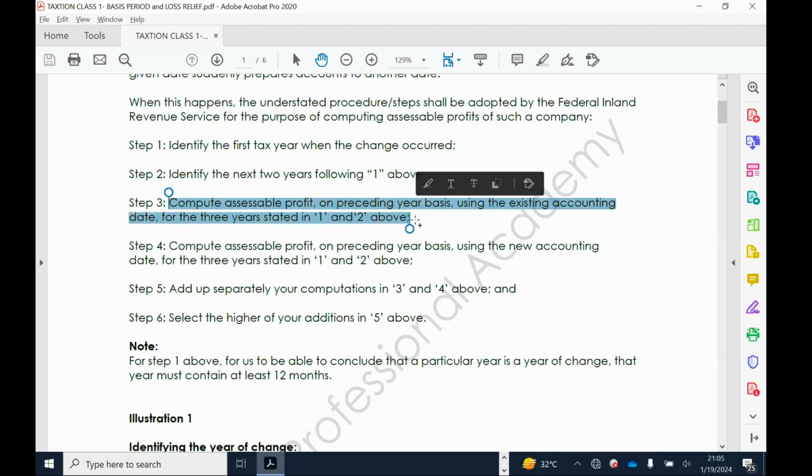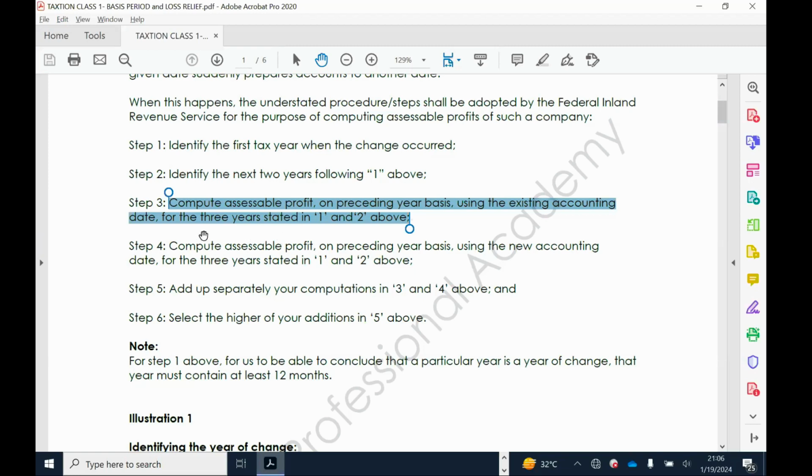So for instance, if the company is changing from 30th of September to 31st of December, what this is saying is, after you have identified the year that the change occurred and you have identified the next 2 years, now compute the assessable profit for these 3 years using the old accounting date. That is, assume that all of them are 30th of September, right?